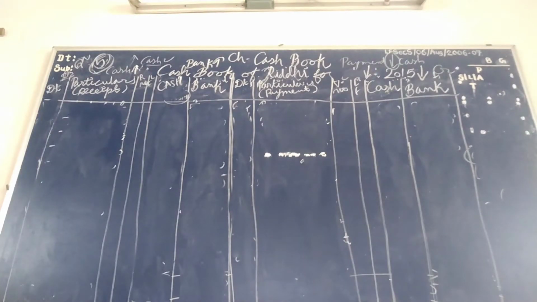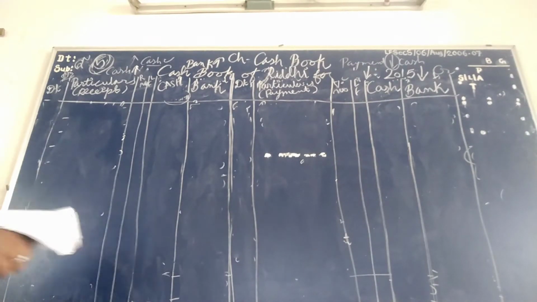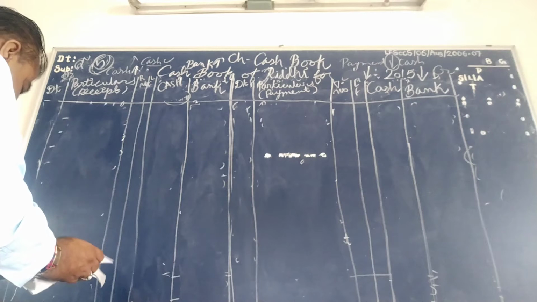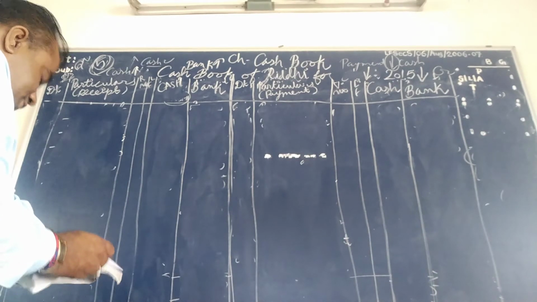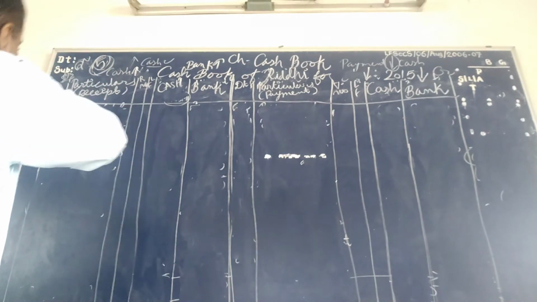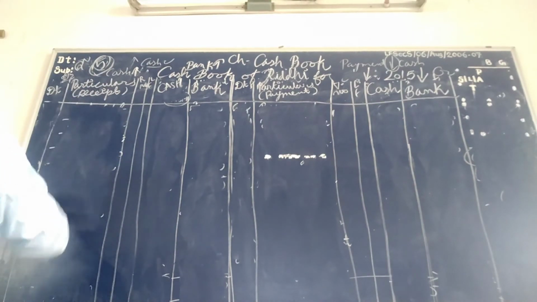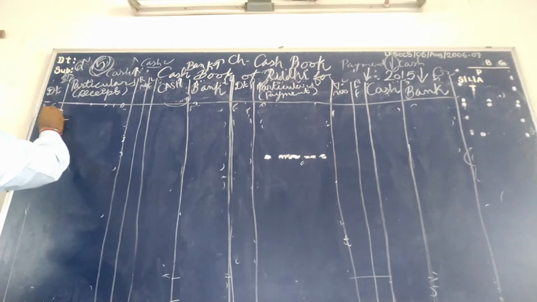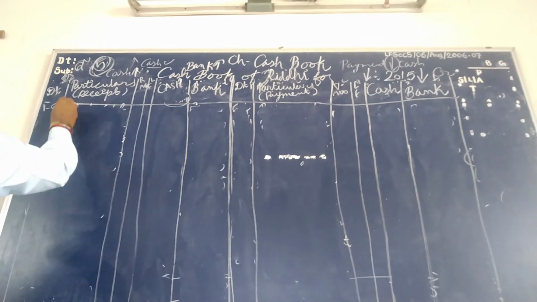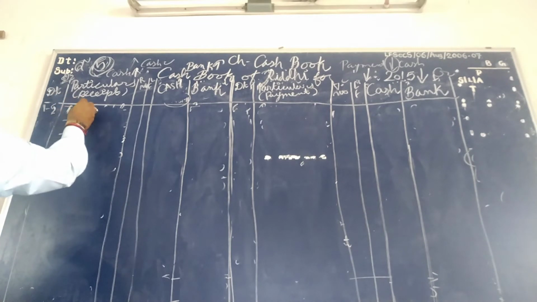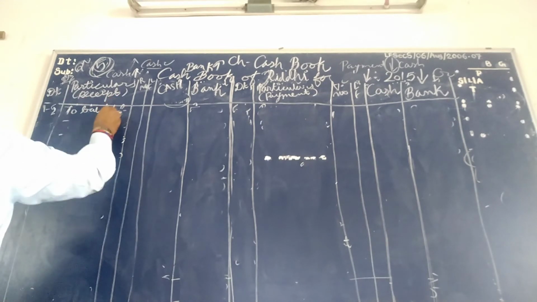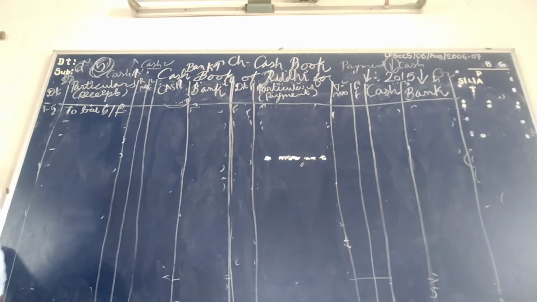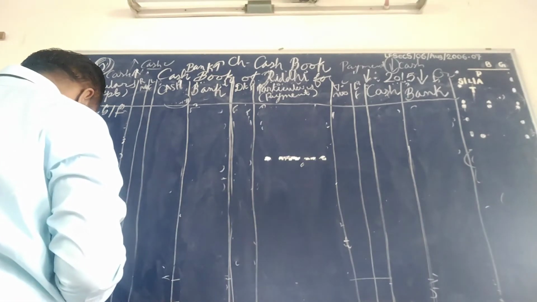Now let's start the sum. On the first of May, opening cash balance is 4,000 and opening bank balance is 6,000. So we write here on first May, to balance brought forward, cash balance, cash opening balance.